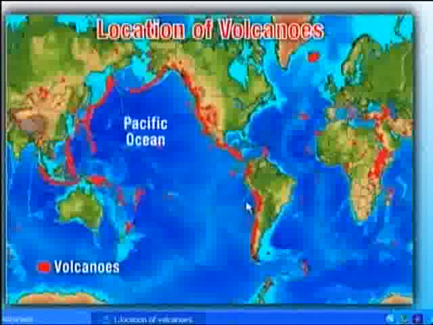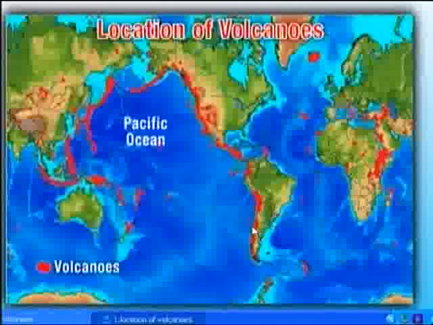Let us make a tour of the world to see where volcanoes are located. This is a world map, and all the red shade shows the location of volcanoes. As you can see here, most of the volcanoes are located near the sea.